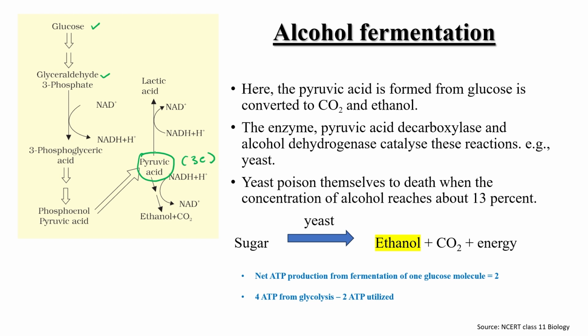And when this pyruvic acid gets converted into ethanol, that is a 2-carbon compound, and it releases 1 carbon dioxide, meaning decarboxylation occurs, then this is known as alcohol fermentation.